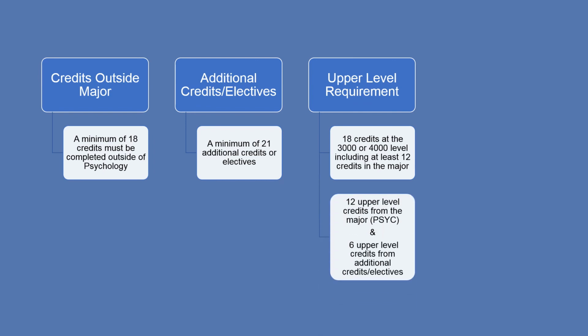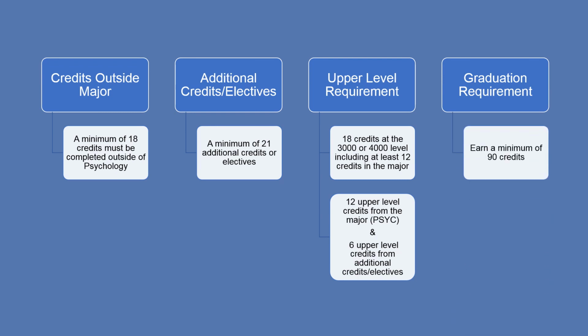In total, you will take 12 upper-level credits from psychology and 6 upper-level credits from your electives to total 18 overall. The last piece of information you need to know about your BA degree are the graduation requirements. You must successfully complete a minimum of 90 credits and maintain an overall GPA of a 4.0 or a C in order to graduate.